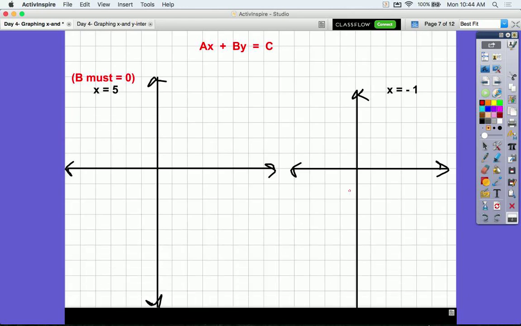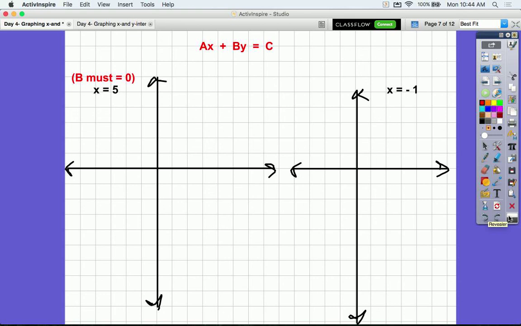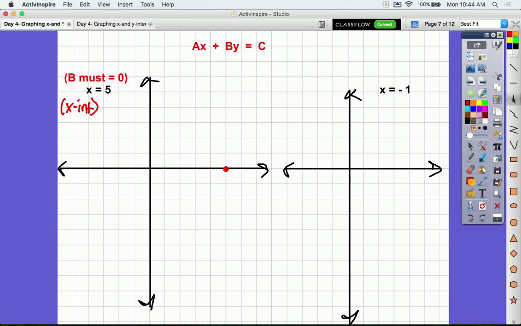Same deal here, you guys. The x here is telling me, oh, that's the x-intercept. If x equals 5, I'm going to plot a point at 5, 0 on the x-intercept. My brain knows there must be an undefined slope here because b is 0. My brain doesn't even really need to know that. It only needs to know that when I see x equals, that is going to be a vertical line.